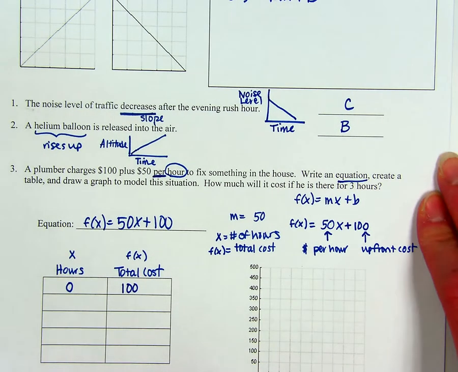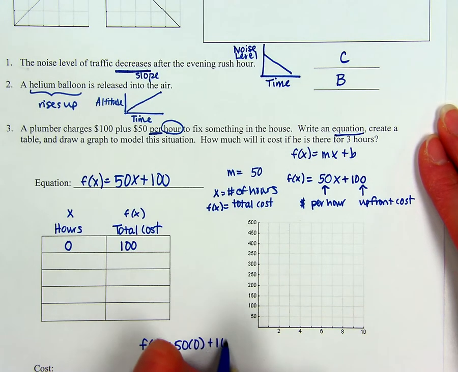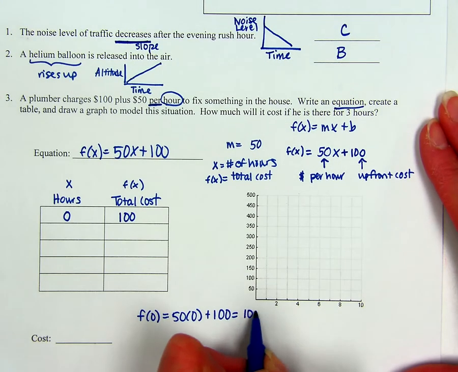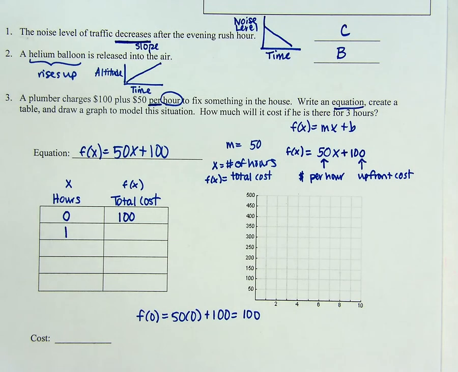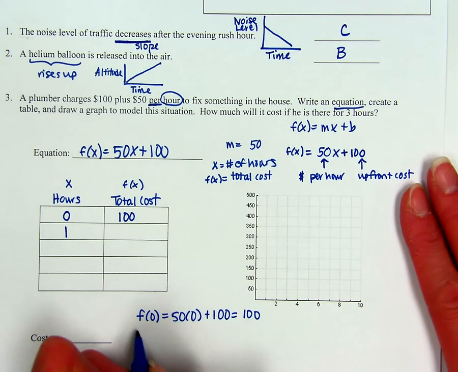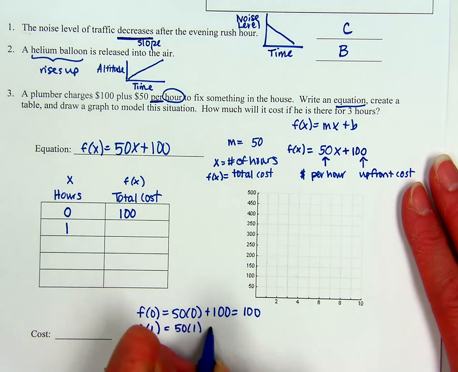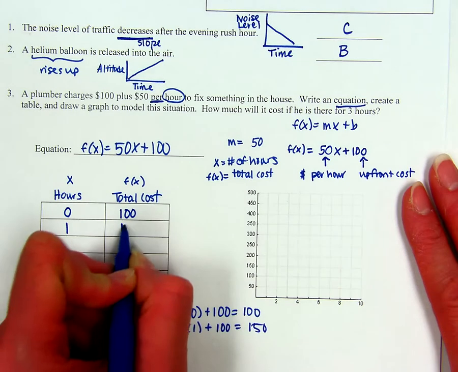If I didn't know how I got that, I would be doing f of 0. That's 50 times 0 plus 100. And if I put that in my calculator, I get 100. What happens after 1 hour? Like if I have some job that takes 1 hour for the person to fix. Well, I'm doing f of 1. So 50 times 1 plus 100. 50 plus 100, that's 150.